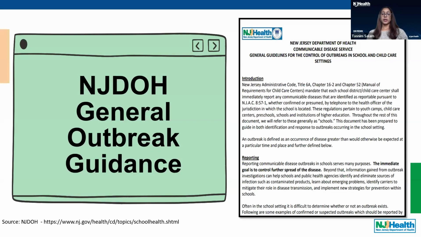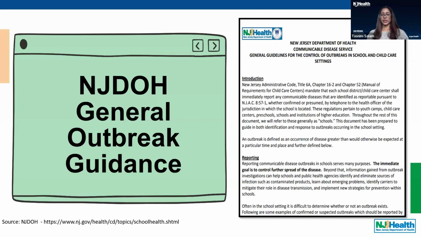The New Jersey Department of Health General Outbreak Guidance document is yet another helpful resource that outlines reporting requirements and general public health recommendations for common infectious diseases that occur in childcare centers and schools.